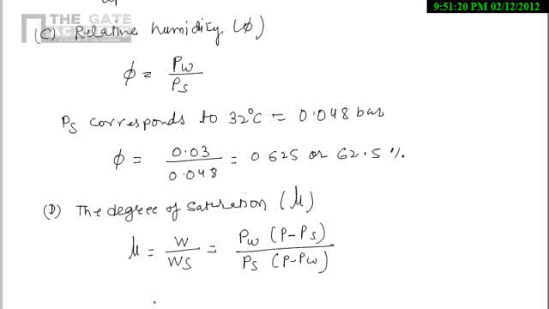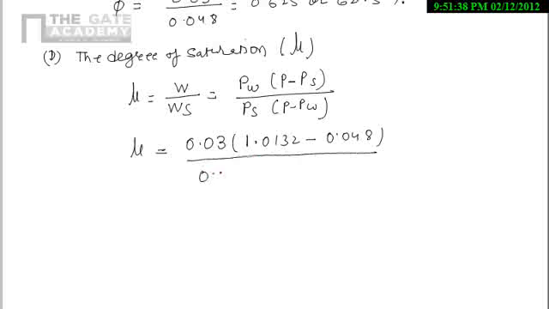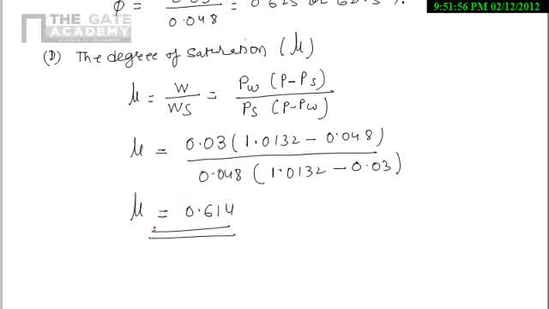Here we have to plug in the values: Pw is 0.03, P is 1.0132, Ps is 0.048, again Ps 0.048, and P 1.0132 minus Pw 0.03. If we calculate this, we will get 0.614. So the degree of saturation will be 0.614.